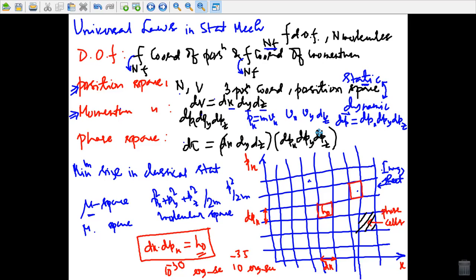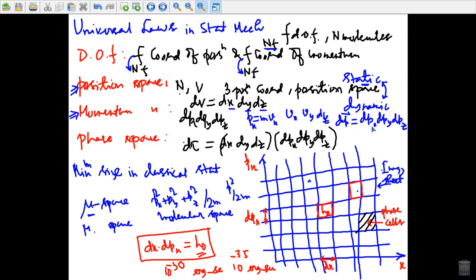Just as the position of a particle is completely given by the three position coordinates x, y, z in three-dimensional position space, the momentum of the particle is completely specified by the three mutually perpendicular momentum axes px, py, pz in three-dimensional space known as the momentum space. The small volume element in momentum space, that is dp, is nothing but dpx dpy dpz.